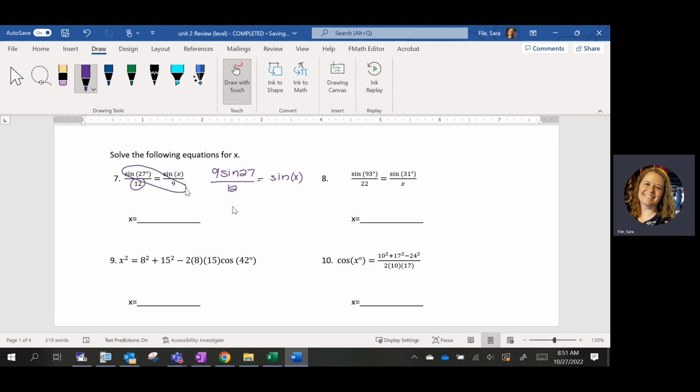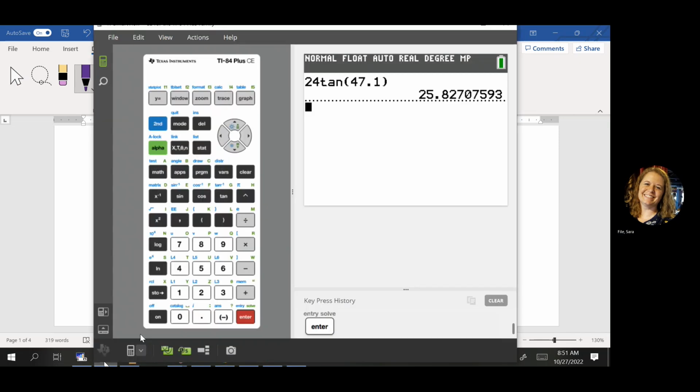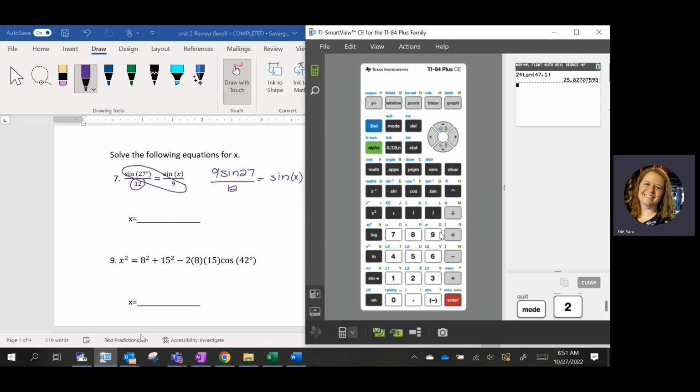So I'm going to enter this into the calculator. So that is 9 times sine of 27 divided by 12. I get a really small decimal. It's less than 1, 0.3. That doesn't make sense for that to be my angle, does it? Because it's not your angle.